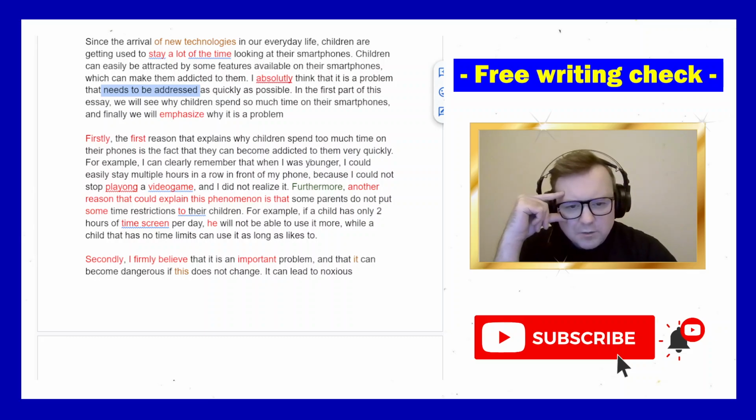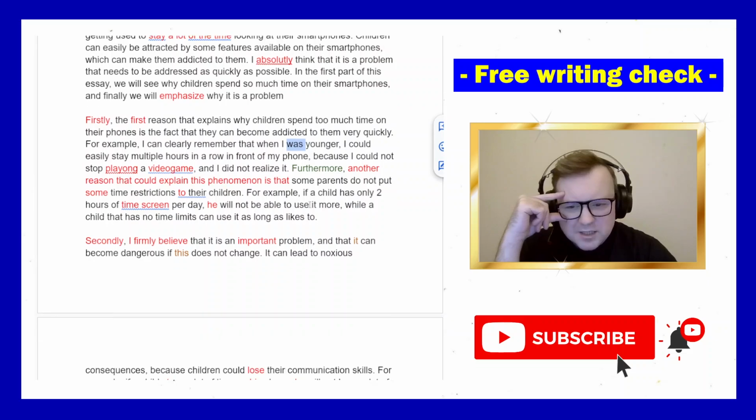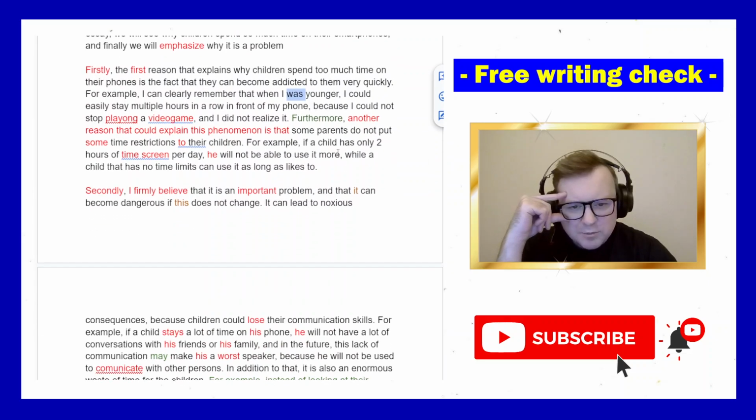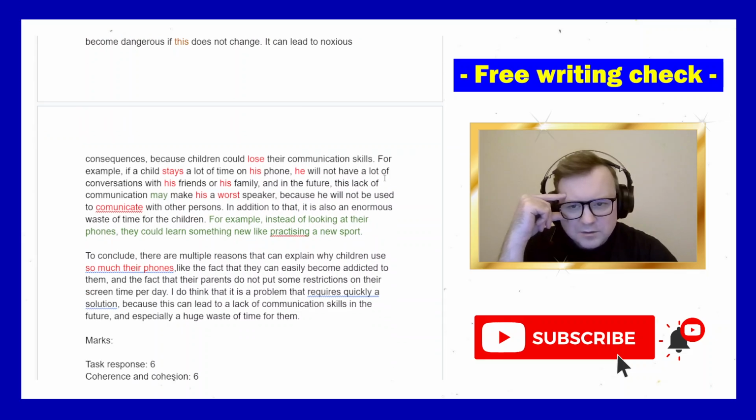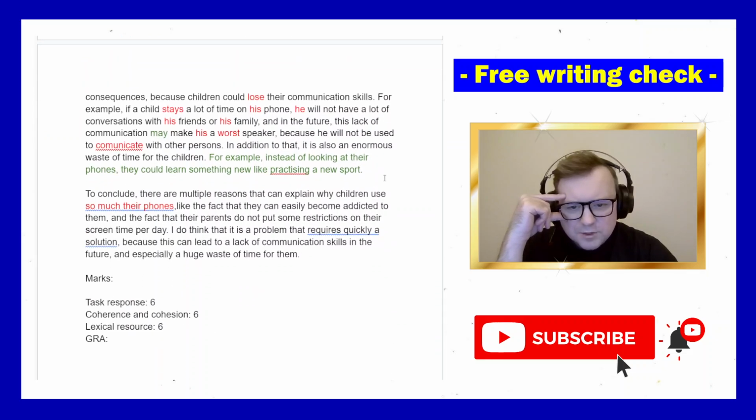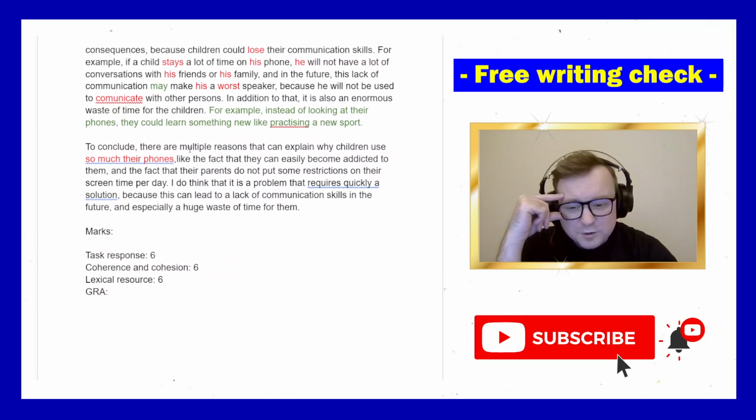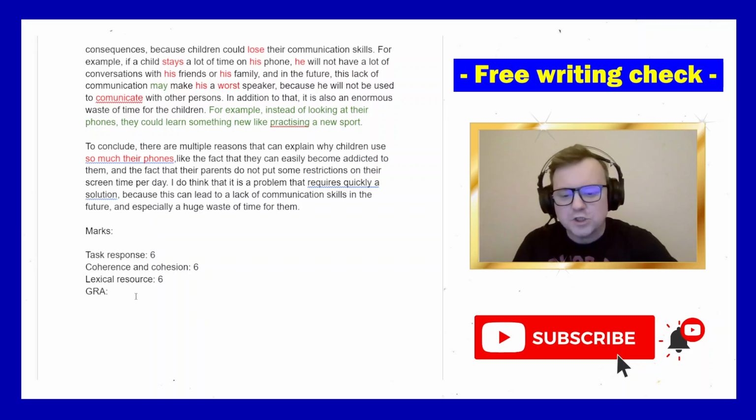Cool. When I was younger, past time, I could easily. We get a past modal. Could easily stay. Cool. Using adverbs. So there is a nice, decent range of modality. Also may. I think there probably is enough to award the 7 for grammatical range and accuracy here.